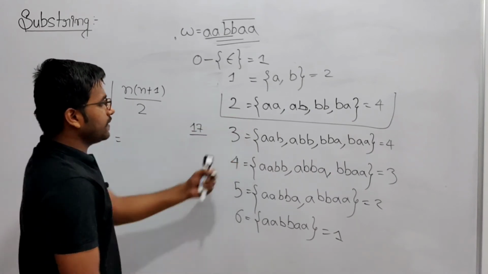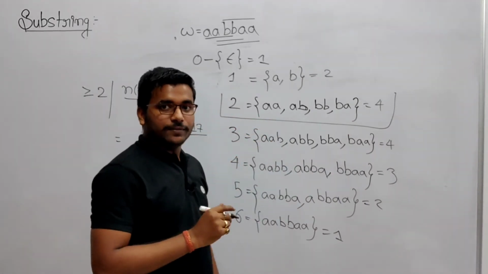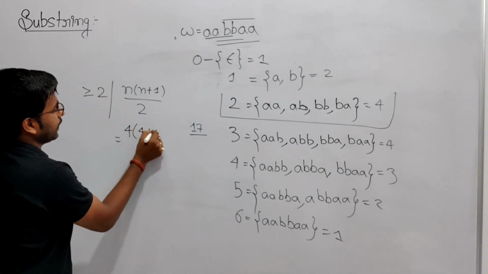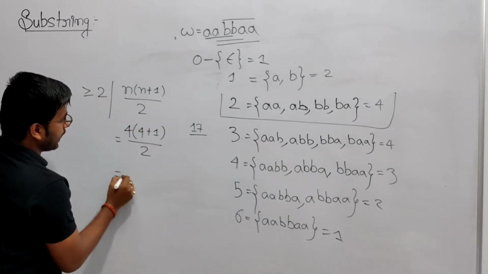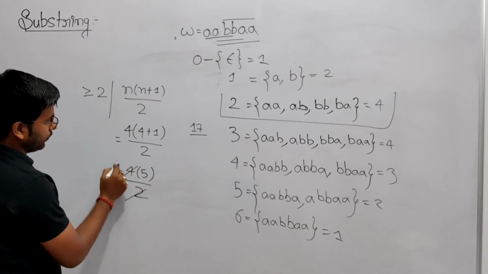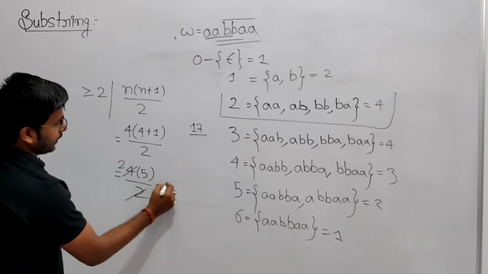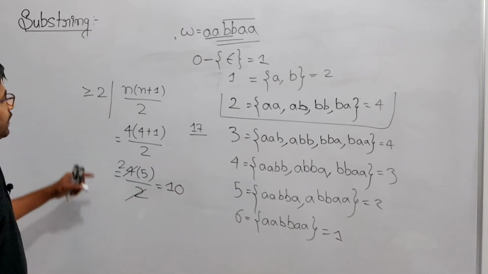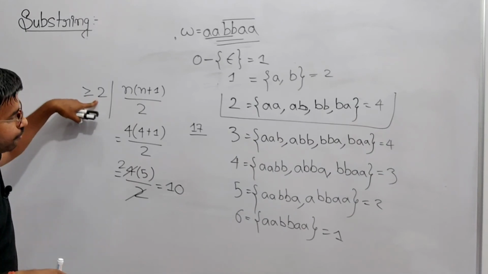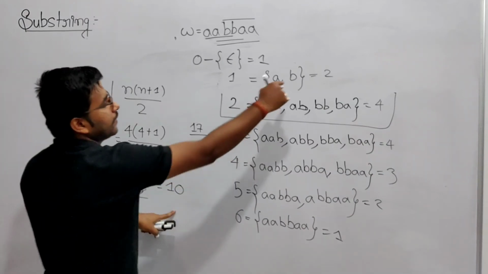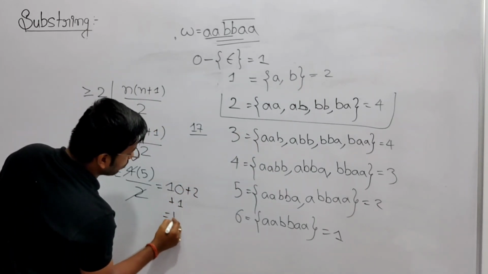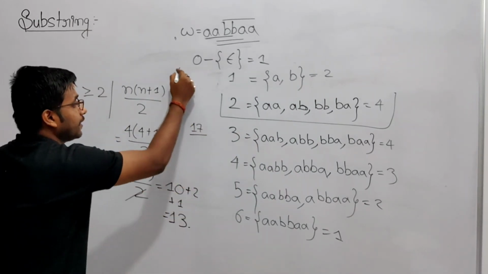I have 4 symbols, so 4 into 5 by 2, which is 10. Then 10 plus 2 is 12, 12 plus 1 is 13. So by using that formula you are getting 13.